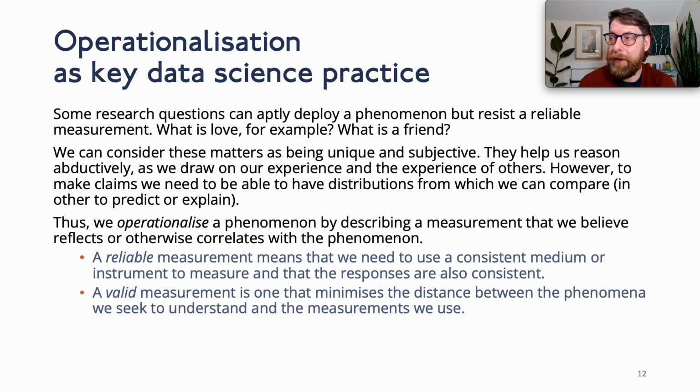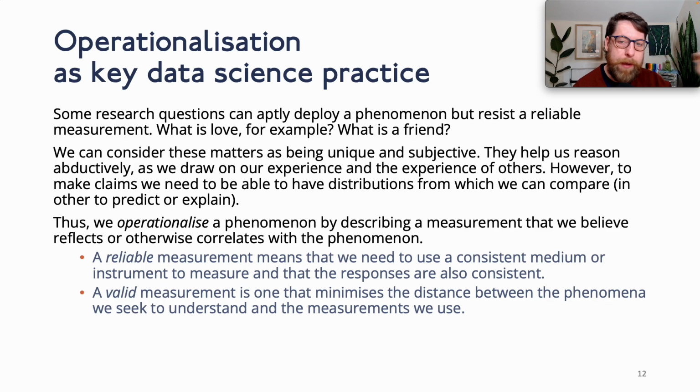We could be very effectively measuring something, and so our measure is very stable. If we go back and measure it tomorrow, we'll get the same value, but it might not actually relate to the phenomenon. And so a valid measurement is one that minimizes the distance between the phenomena we seek to understand and the measurement we use.